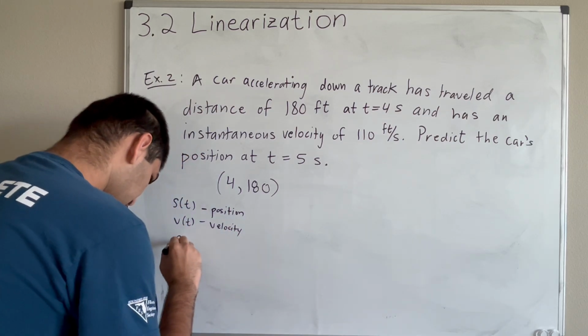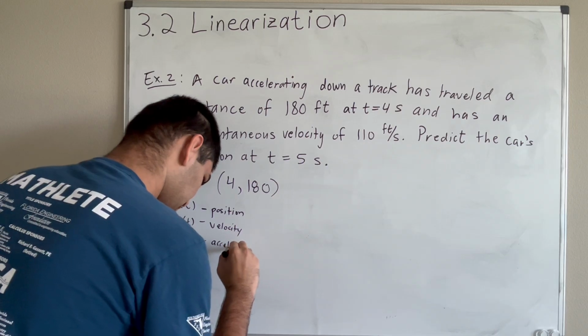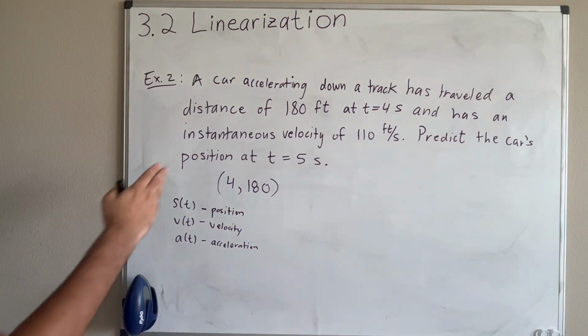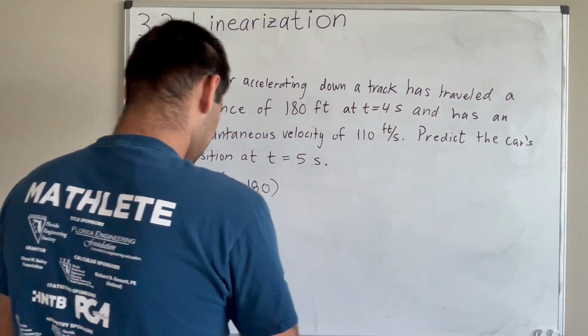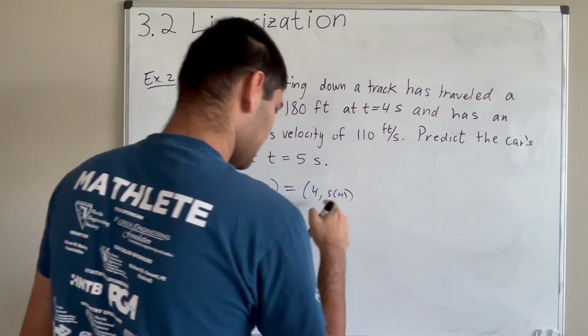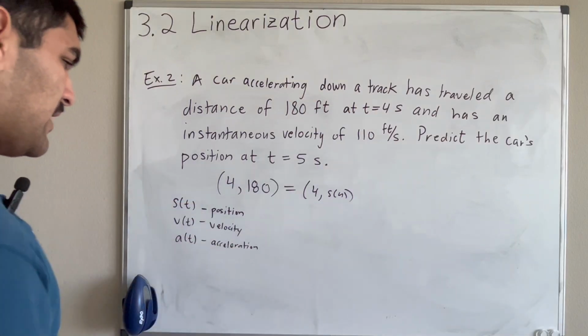And then a of t, which we don't need to use in this case, is the acceleration function. All right, so that's just for reference. If I ever write that down, just know this is what it means. So basically what I'm trying to say is that s of 4, the position at 4, is equal to 180 feet. That's what this is saying.